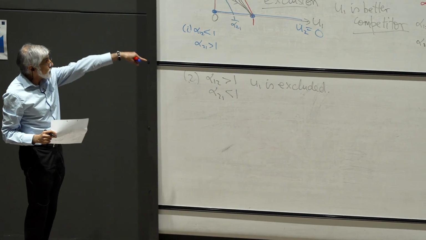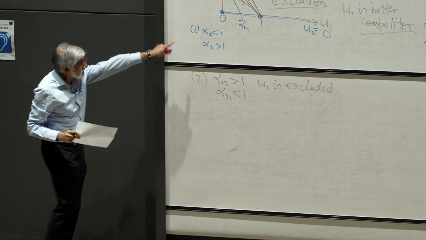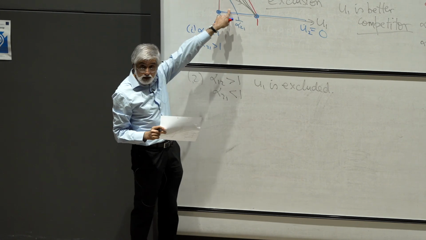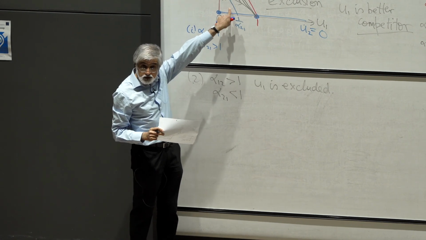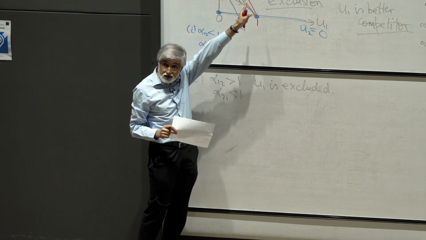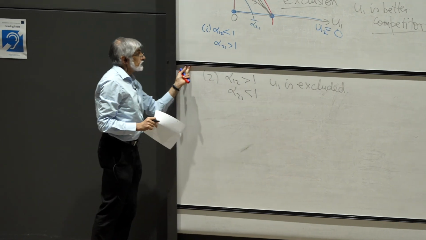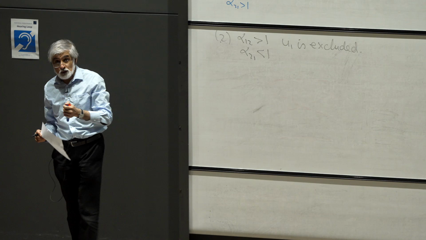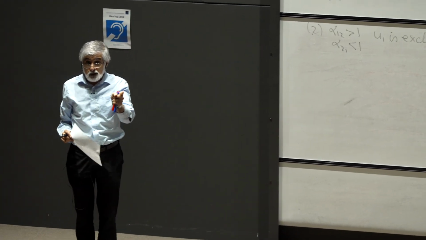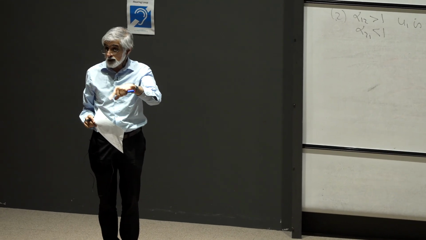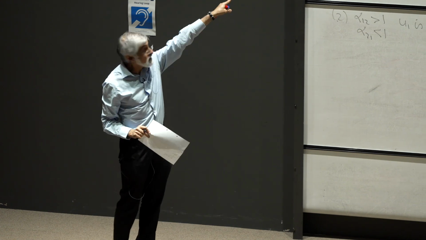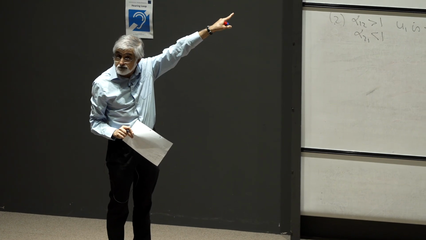Do these again. Now the red line is going to be below this one, so you'll go to U2 first. Or if you wanted to, you could just rename U1 as U2 and U2 as U1, and you're back to that case.